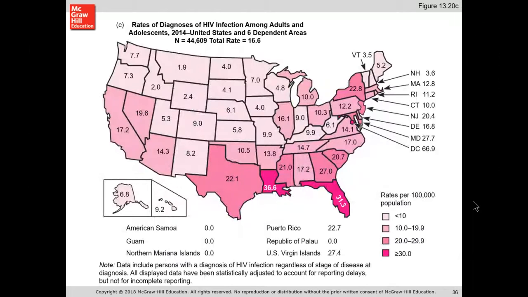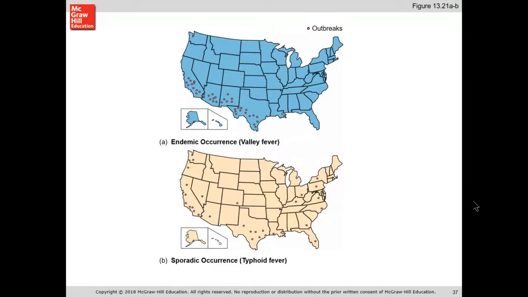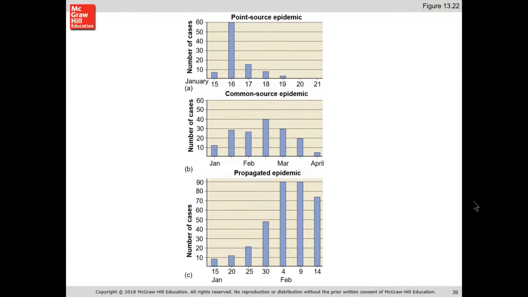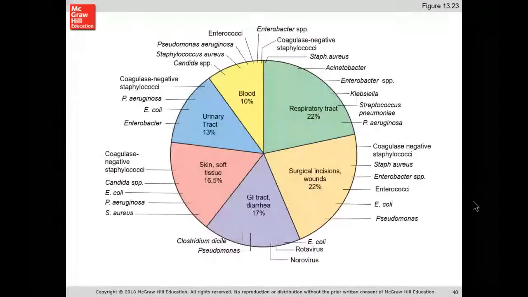I don't think we need to go over any of these in detail. This is interesting to look at, but I won't be quizzing you on any of these. It is interesting to see where most infections are found as far as the entry points.